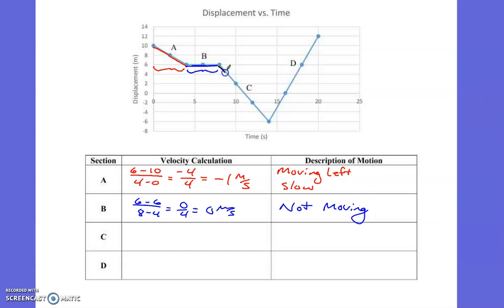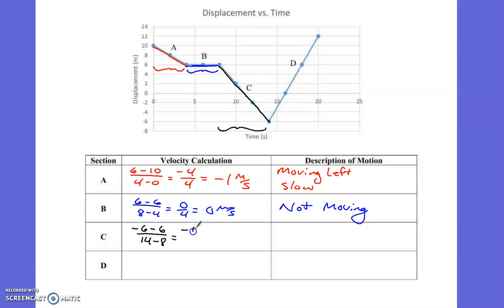The next part, part C, we see again that the line is going down, starts at 6, and ends at -6. How much it went over? It started at 8, and went over to 14.